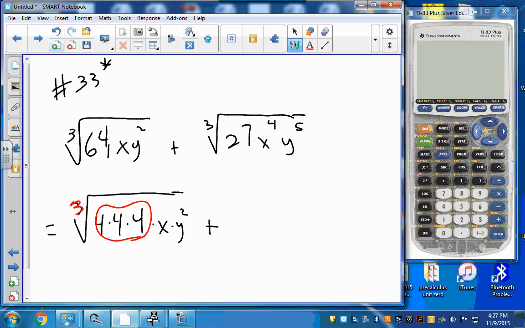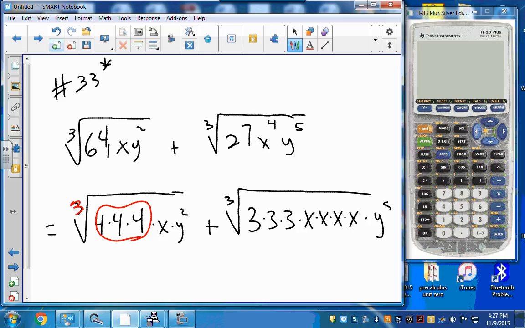And then I have 27, which is 3 by 3 by 3, and x to the 4th. So 4 factors of x. Obviously a triple there, and then I have 5 factors of y. I'm not going to write them out. So I have a triple. I have a triple. There's a triple in here, right?